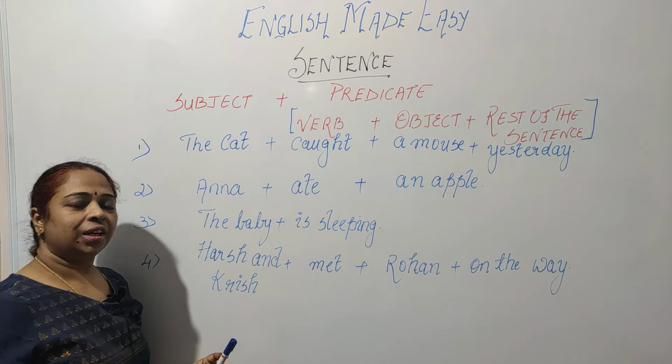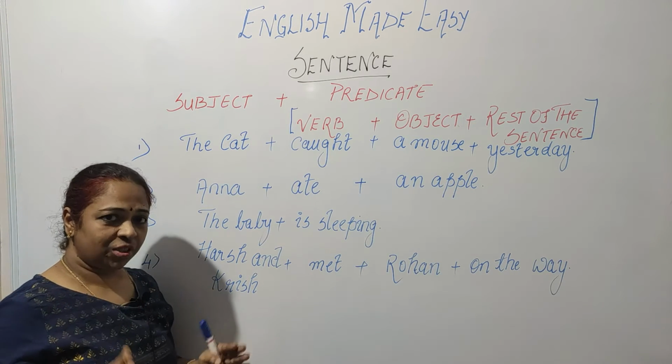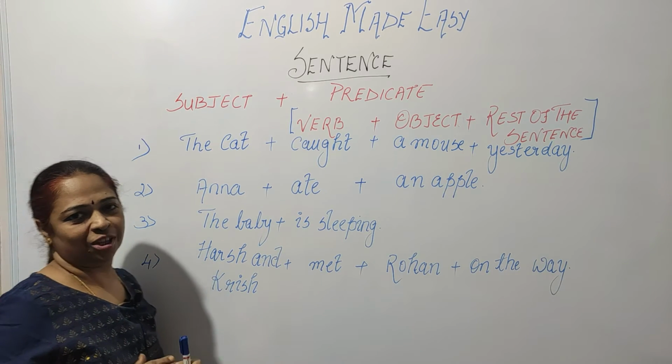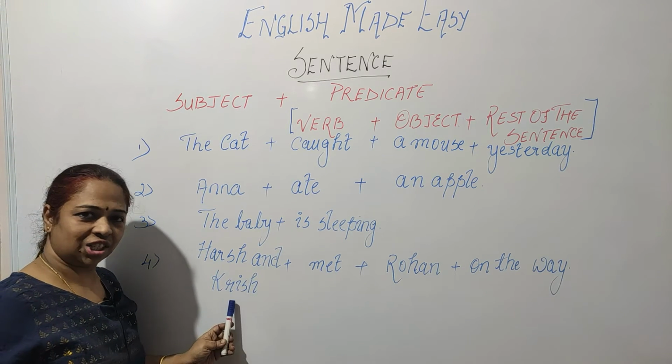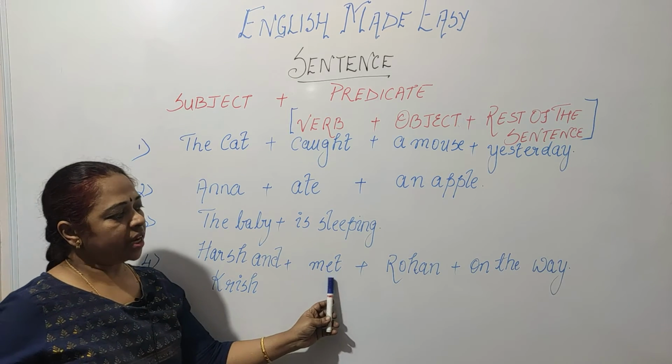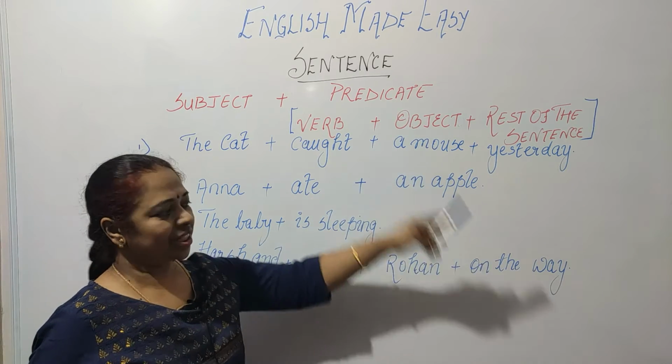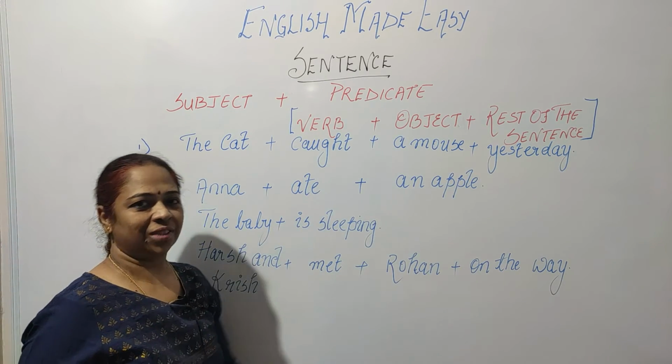Finally, Harsh and Krish met Rohan on the way. Now we saw earlier, the subject is not only a single word, it can also be a group of words. So Harsh and Krish, a group of words, met, that is the verb, Rohan, object, on the way, the rest of the sentence.